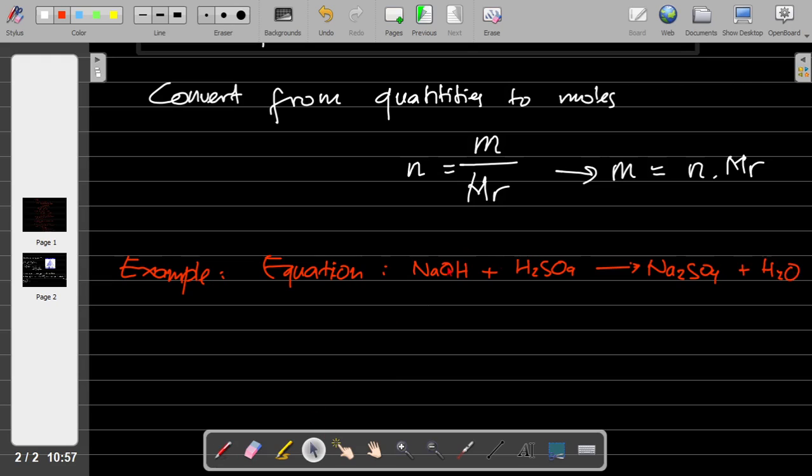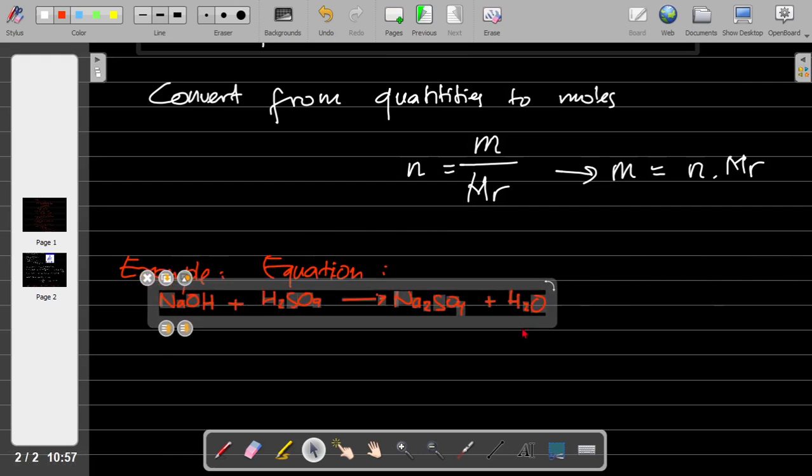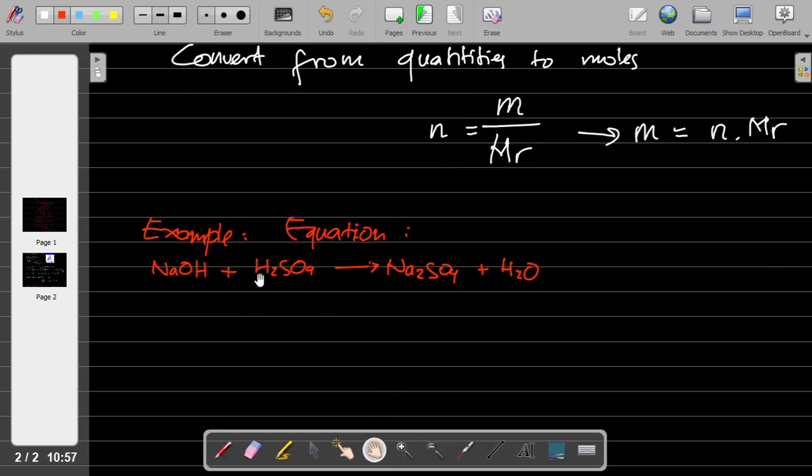Okay, and if you see here, this equation is not balanced, so we have to make it balanced.